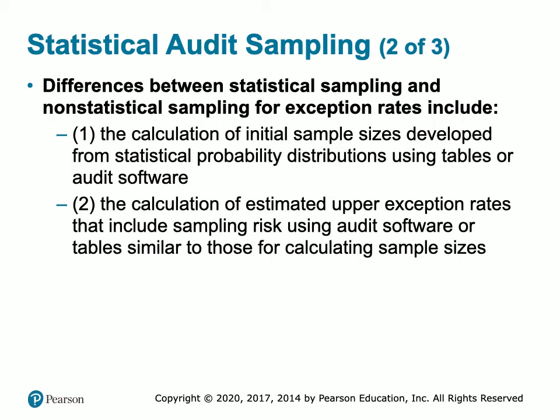So, the sample size for a non-statistical sample is going to be larger, and the tables that you're able to use for the statistical samples are determined because they are rigorous and apply specific statistical concepts and selection methodologies.